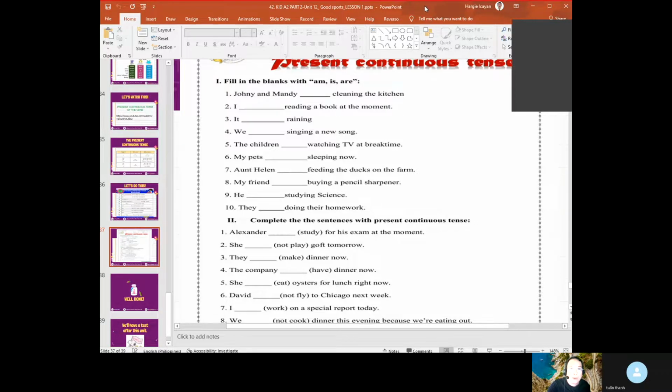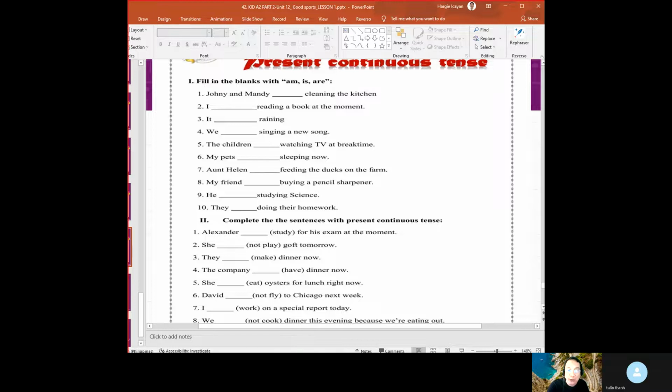Okay, so what are we going to do with this? Can you type it on the chat box, the correct answer for this? I'm going to give you the first one: is studying. Okay, so that's the correct answer. What about number 2? Can you write it on the chat box?